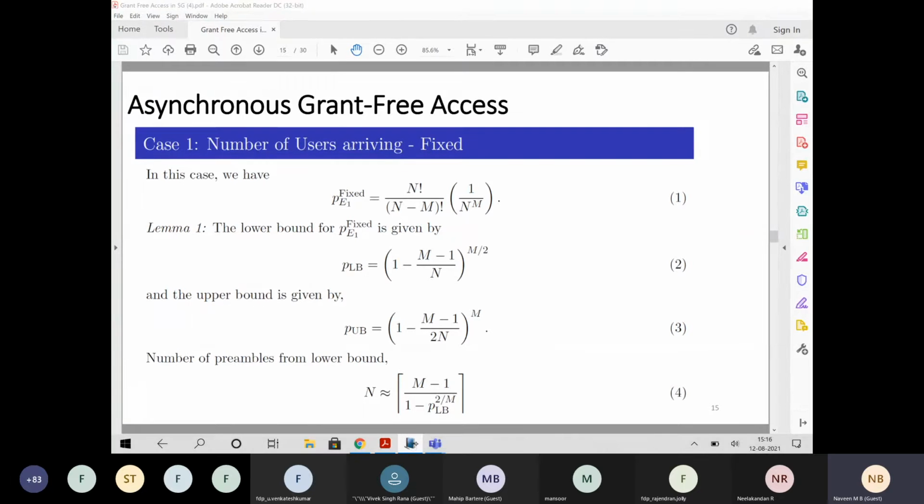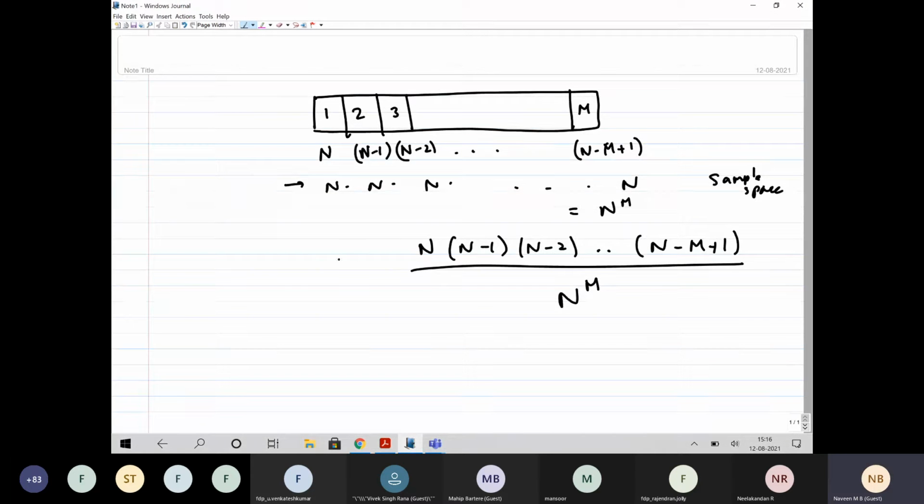Okay, so what it means, this real one, on the left side we lower bounded it by something, and here we upper bounded it by another thing. Okay, and we also proved that these are tight and so on. I'll not go into those proofs. So we had a very tight lower bound. Okay, so now if my lower bound probability itself is 0.9, let's say, that means 90% of the time all users are successful.